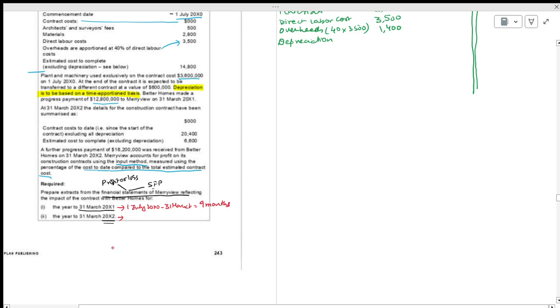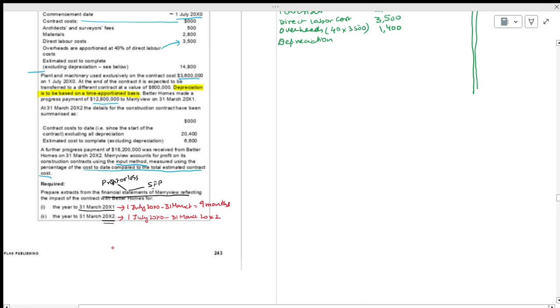Prepare the extract reflecting the impact for the year 31st 2001, and for the year 2. Just check like this: 1st July 2000 to 31st March 2002.